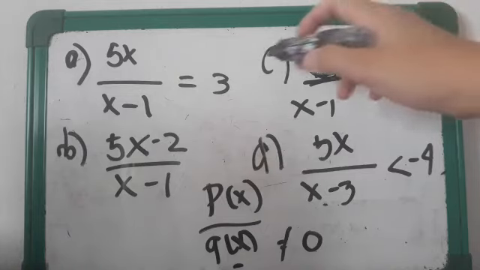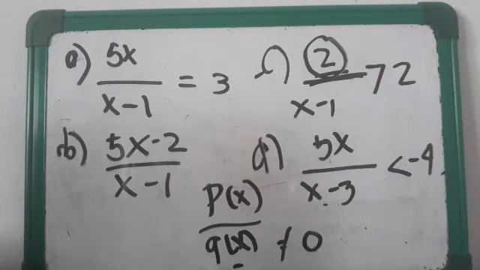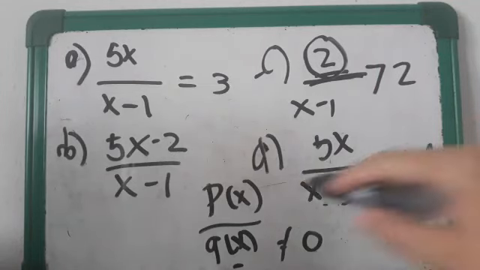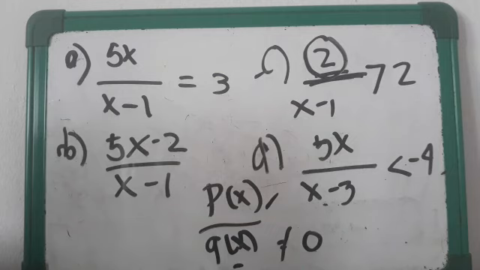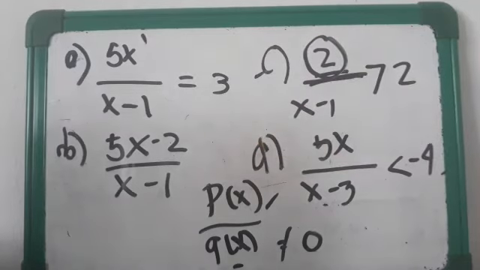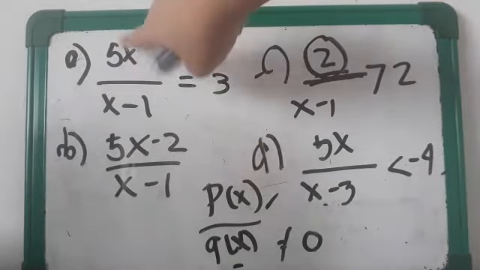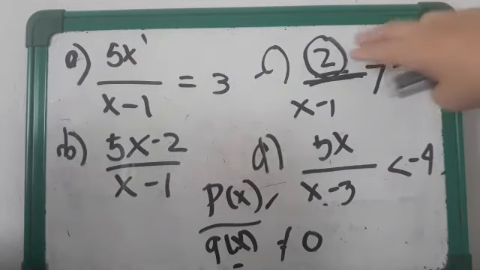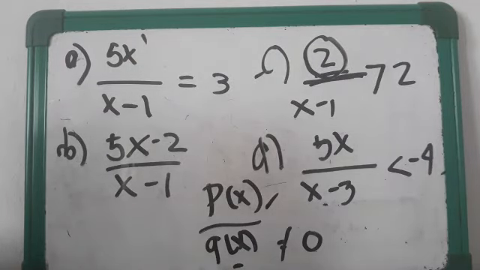In this case, letter C, yung numerator niya is not polynomial. Hindi siya nag-satisfy dito kasi dapat at least degree 1. So, diba, ito, x is degree 1 yan. At least degree 1. Dito sa letter C, walang degree. So, hindi yan ang sagot. Hindi siya rational function.